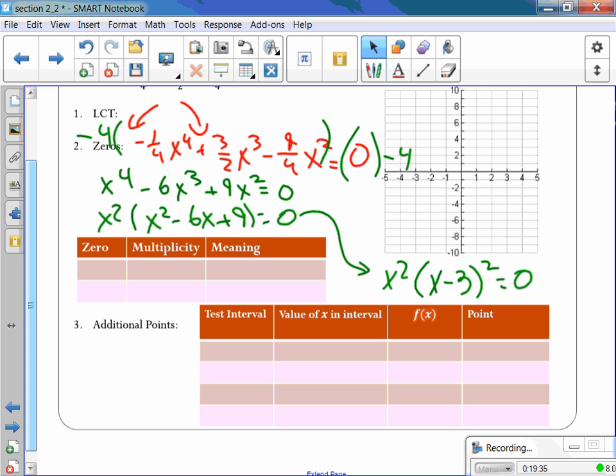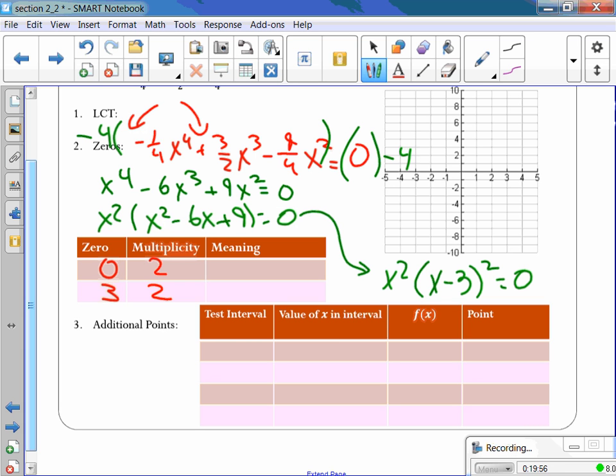It's 0, and 3. X squared gives me a 0 and a 0. And here I have 2 of these, giving me a 3 and 3. So both of them have a multiplicity of 2.